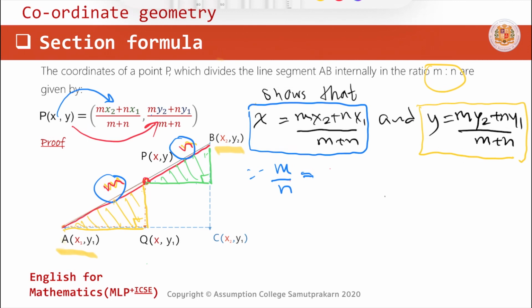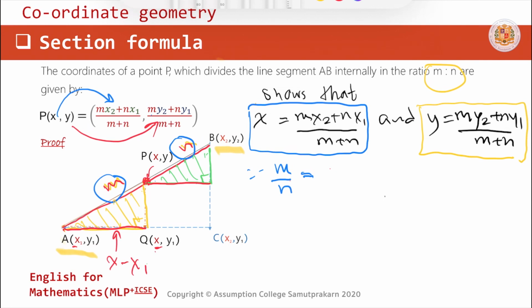So m divided by n, or m to n, is equal to that part here to this part here. So this one will be x minus x1, because that is the point xy in here, so that part is x.